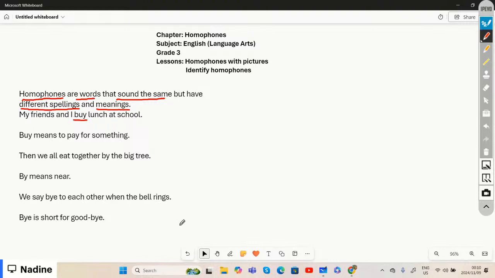The next one says, we all eat together by the big tree.